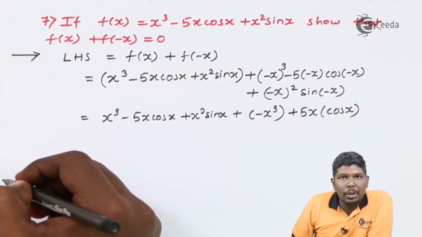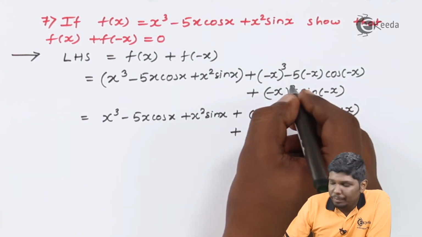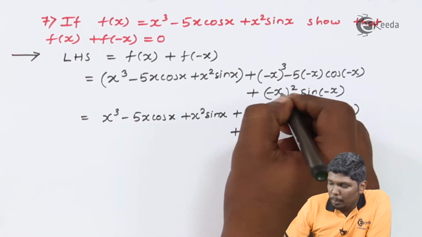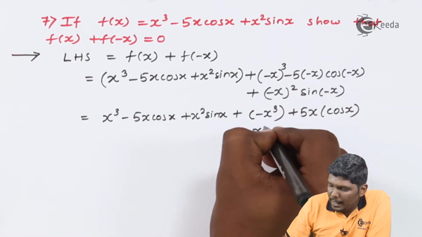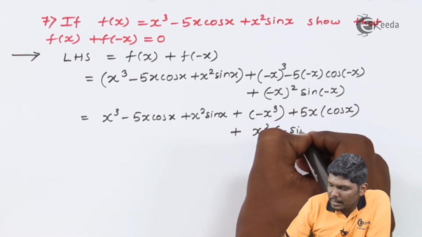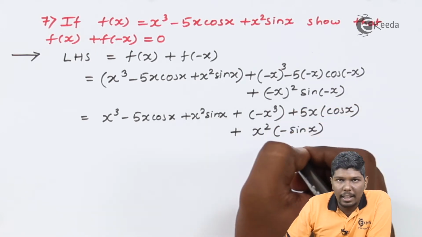Then minus x the whole square: a negative term having even power will give you a positive answer. So minus x square will give you plus x square, but sine of minus theta is minus sine theta. So sine of minus x will give you minus sine x.